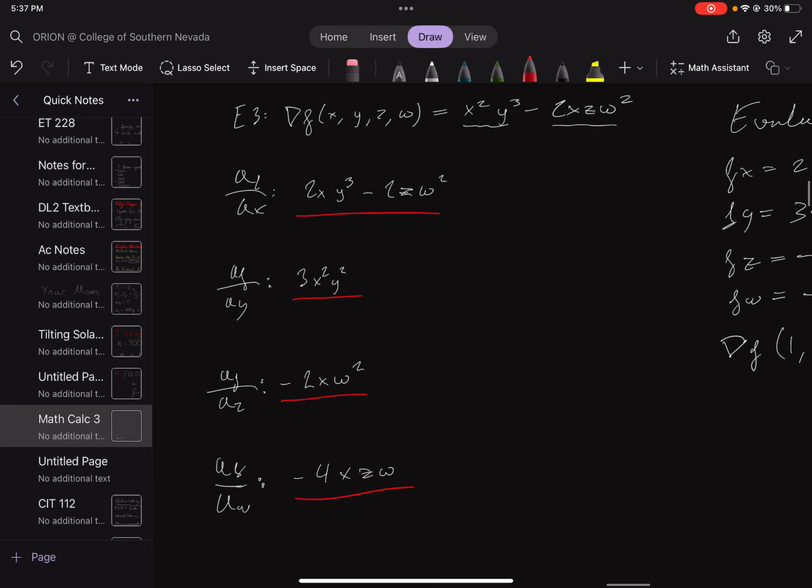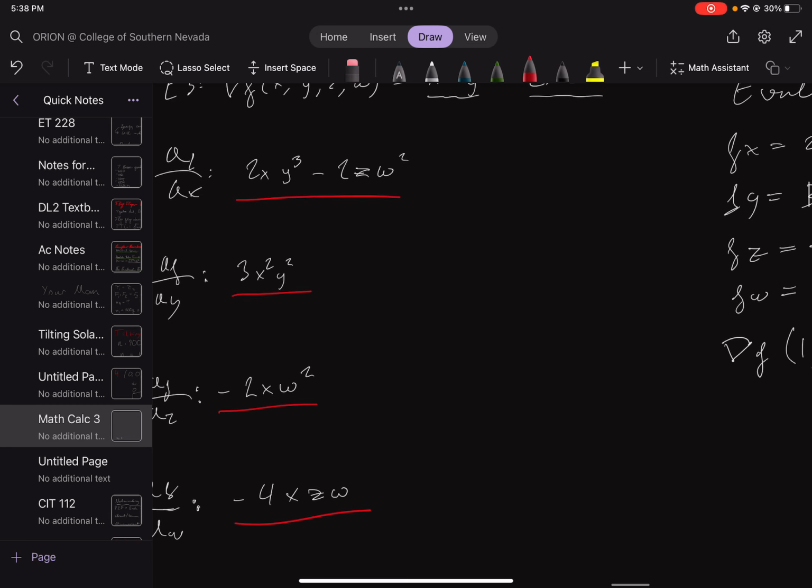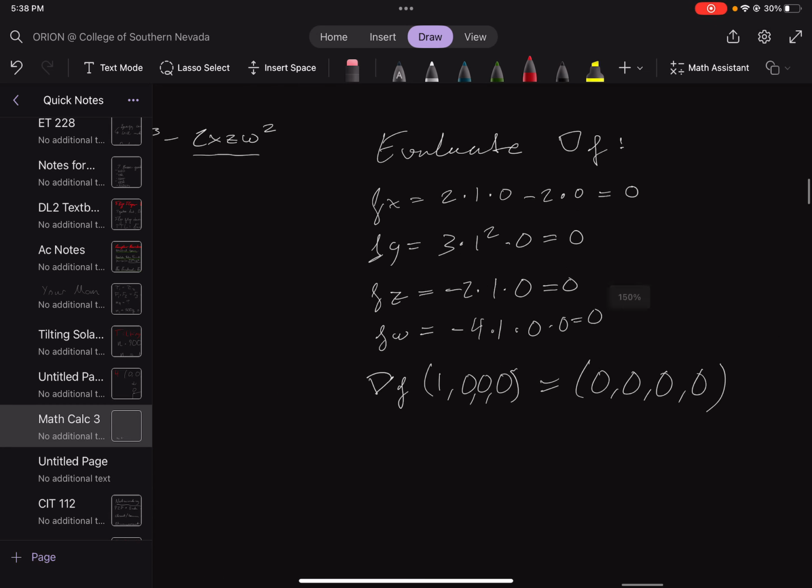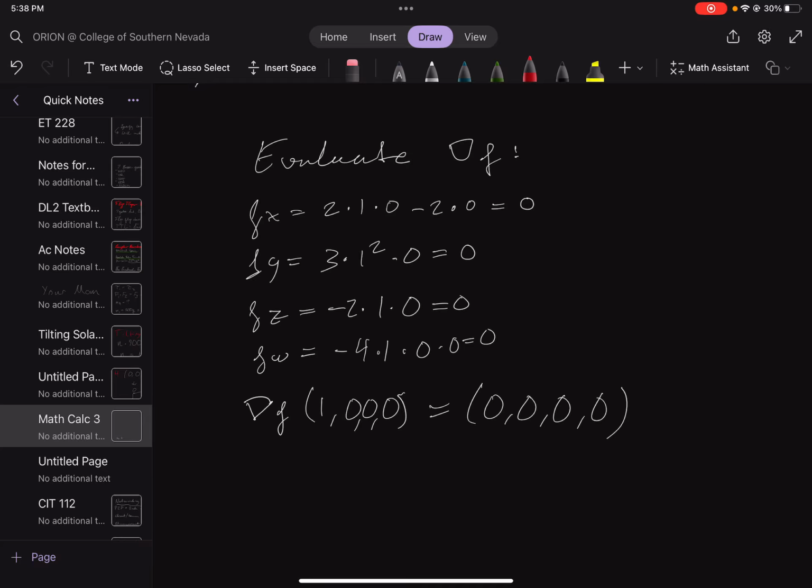I don't really think I have to explain this because we've already done partials so much in this class, in the last chapter or two, that we kind of know what's going on. And then I evaluated the change in f, the change in the function with these gradients.